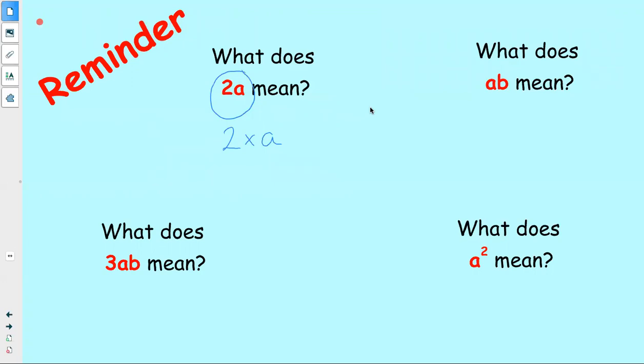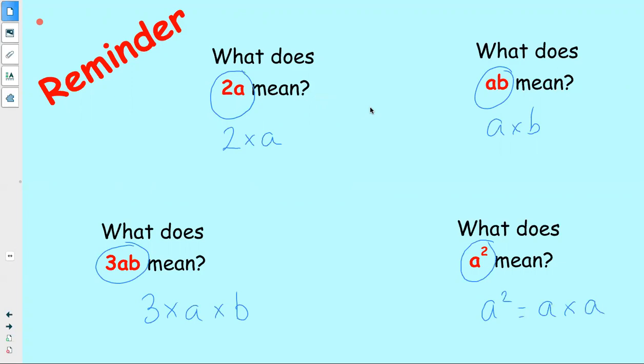Similarly, ab means a multiplied by b. 3ab means 3 multiplied by a multiplied by b. And a squared, you know what that means? A squared is the same as a multiplied by itself, so a multiplied by a. Just a wee reminder to keep in mind when we're doing substitution questions.